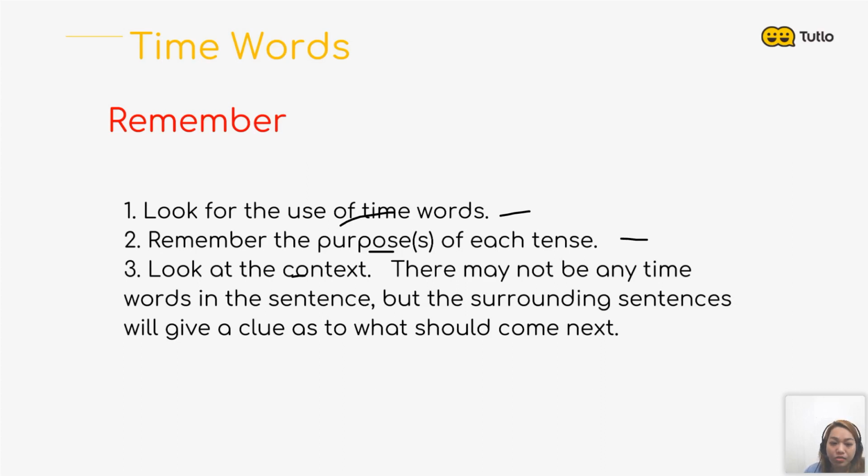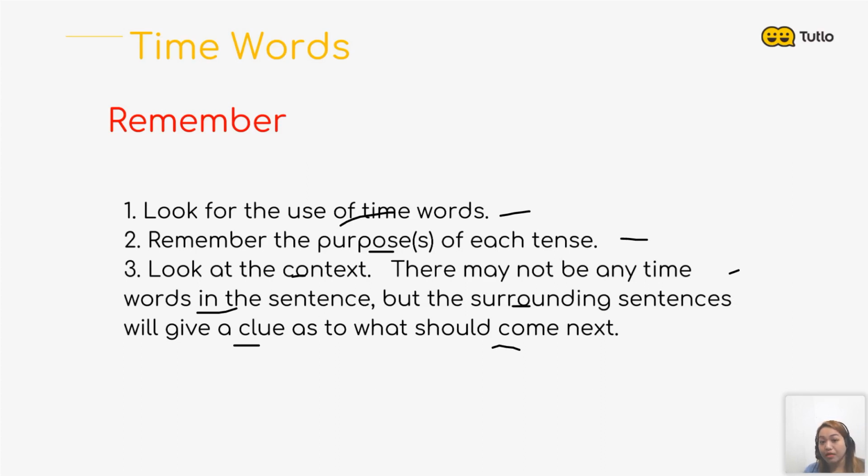Look at the context. There may not be any time words in the sentence, but the surrounding sentences will give a clue as to what should come next. You got me? Look at the context.